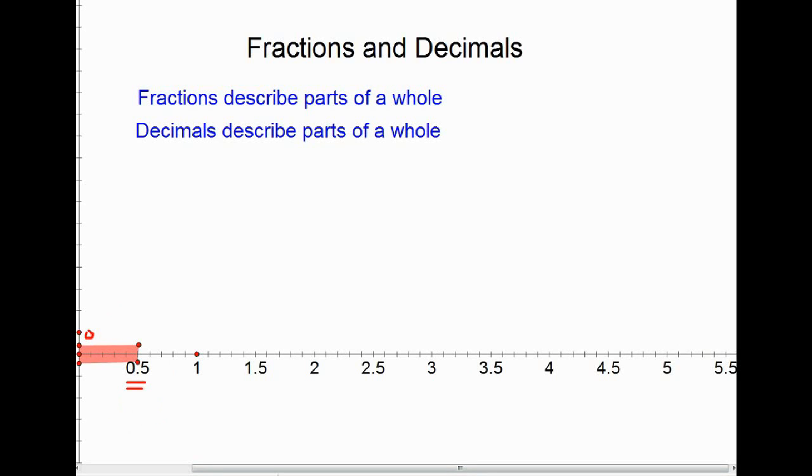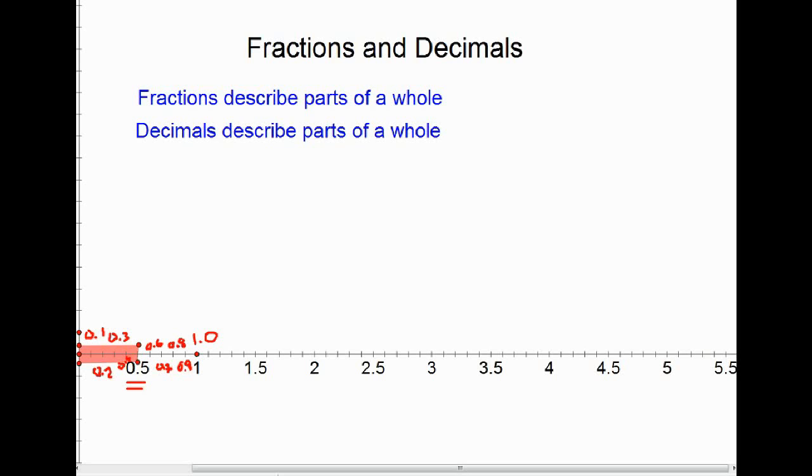So what we have here are 10 tenths: 0.1, 0.2, 0.3, 0.4, 0.5 is labeled, so next we have 0.6, 0.7, 0.8, and then here's the last one, which is 9 tenths, and then we get to 10 tenths. Well, 10 tenths is a whole, 1, or 1 decimal 0.